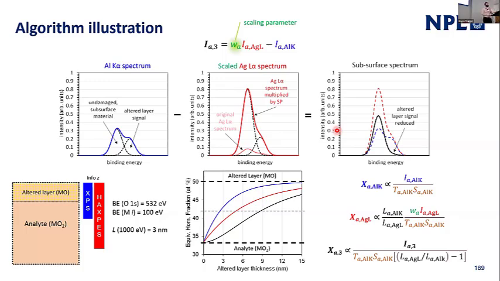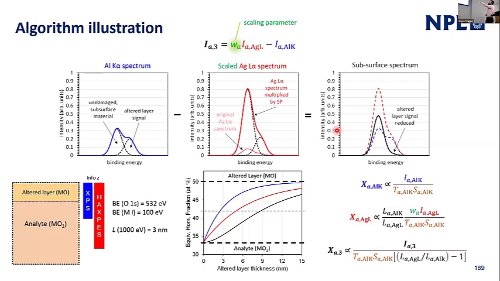Now, obviously, because of the different information depths, the aluminium K alpha source will have a higher proportion of the damage in the spectrum compared to the silver source. So in this situation, the middle spectrum has been multiplied by some scaling factor in order to match the surface altered layer intensities.